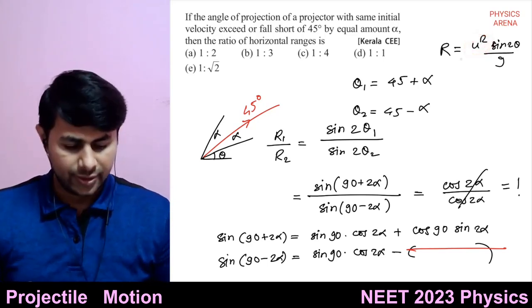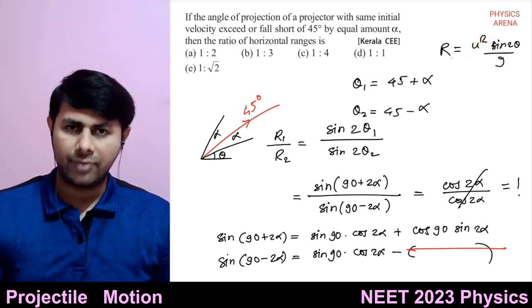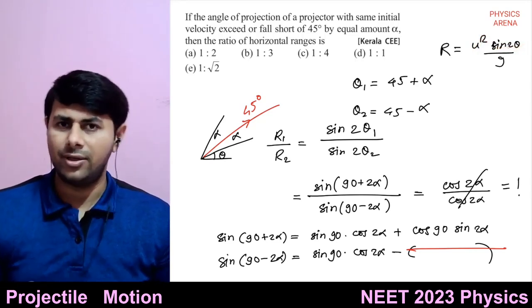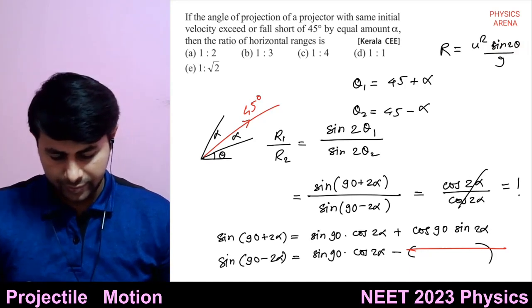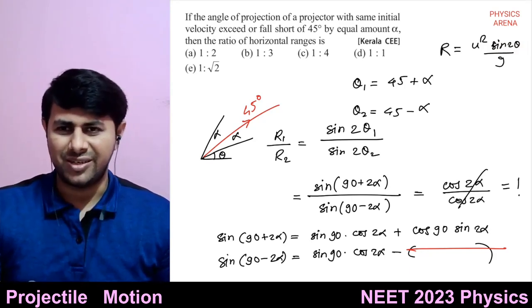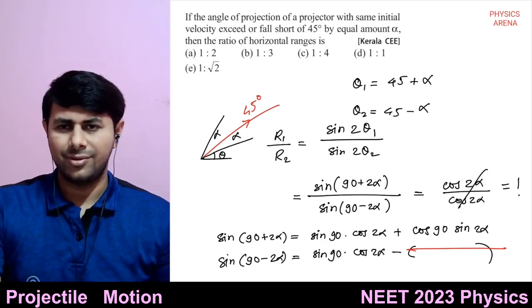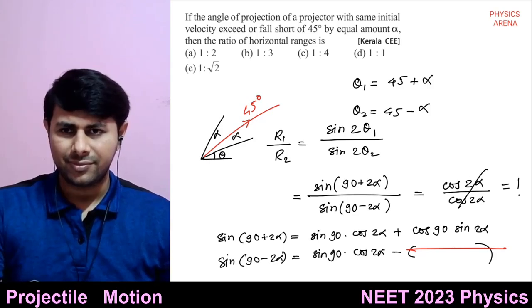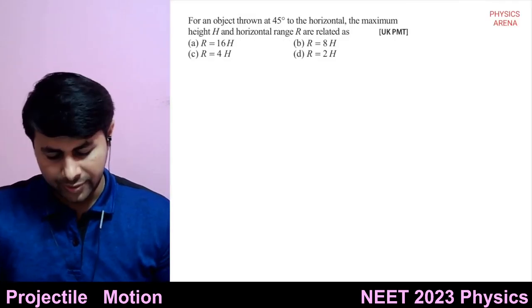Just directly, because velocity is equal, R1 by R2 will be sine 2 theta 1 upon sine 2 theta 2. We have to increase speed, right? You got this? Yes, sir.